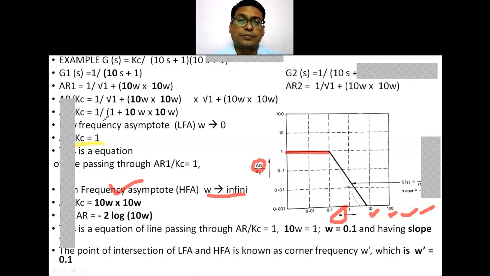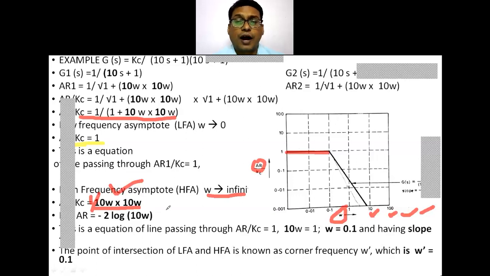If I substitute this in the equation, AR upon Kc is equal to 1 upon (1 plus 10 omega) whole square, so it becomes 10 omega into 10 omega, sorry, it will be 1 upon (10 omega) whole square. So log of the amplitude ratio is equal to minus 2 log of 10 omega.